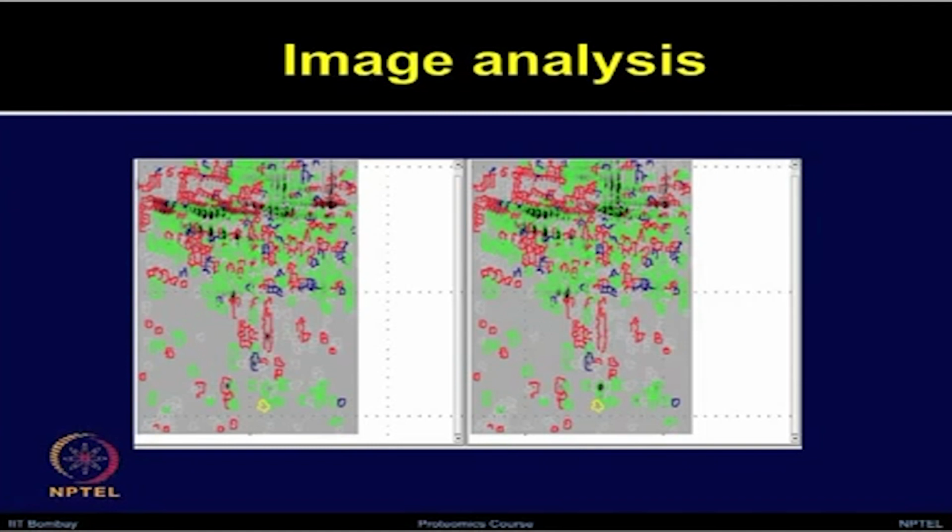As you know, analysis of these gels is always challenging, especially with conventional 2D gels, where you have separate gels obtained from each of these groups. But analysis of the DIGE gel is more automated and more straightforward, as we discussed previously.